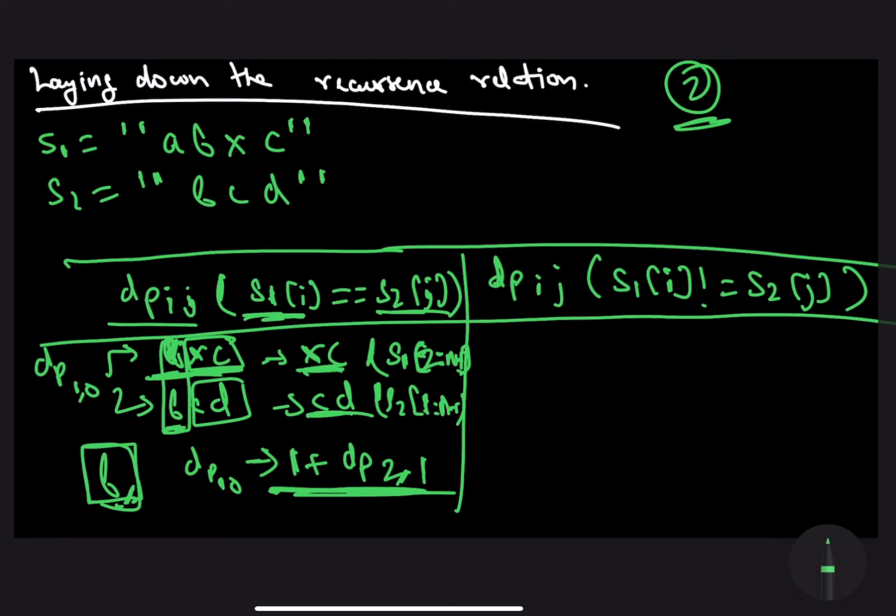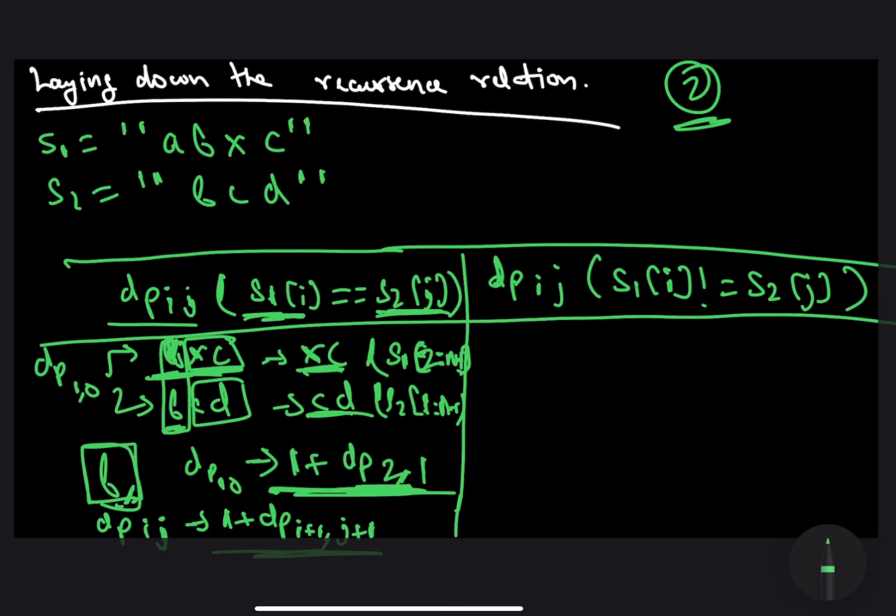So that's why we want to add the value of dp of 2 comma 1 to the 1. So if we want to generalize this to any value i comma j, dp of i comma j will be equal to 1 plus dp of i plus 1 comma j plus 1, in the case s1 i is equal to s2 j. I hope that this part was clear.